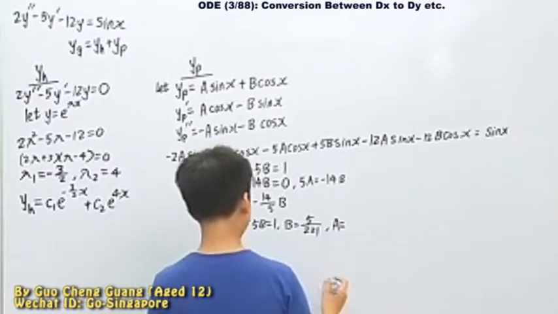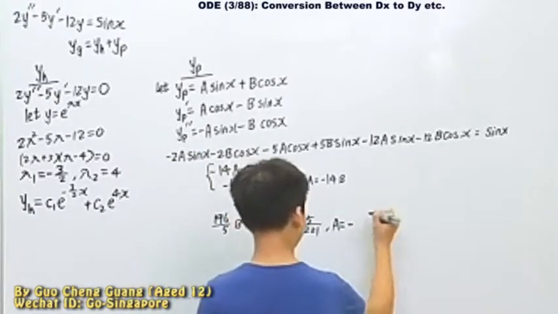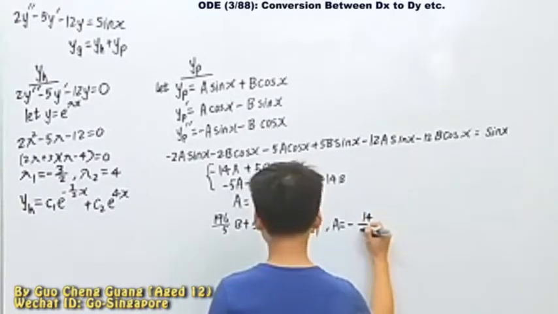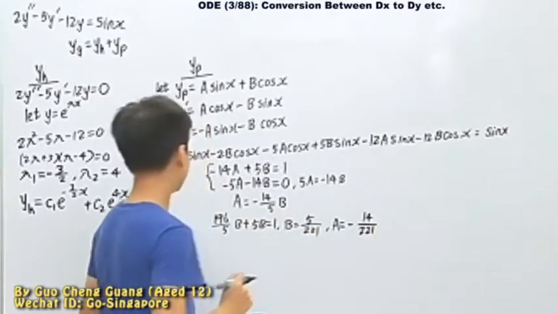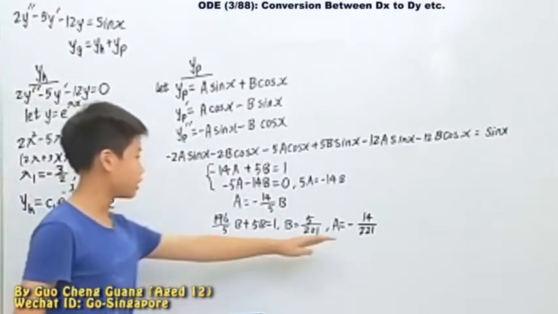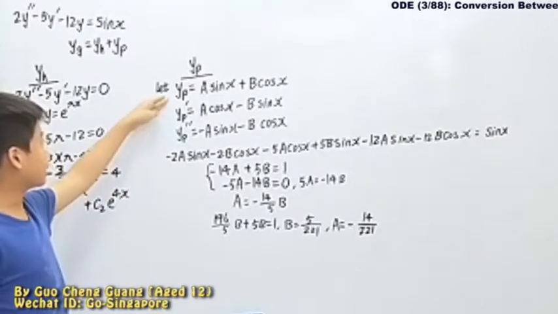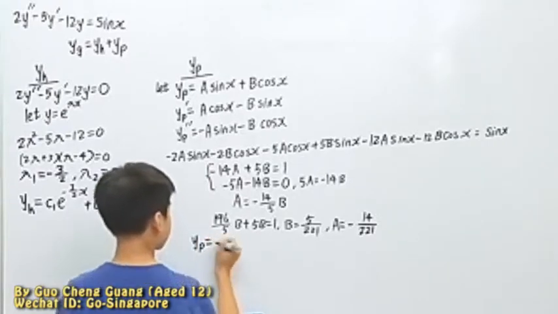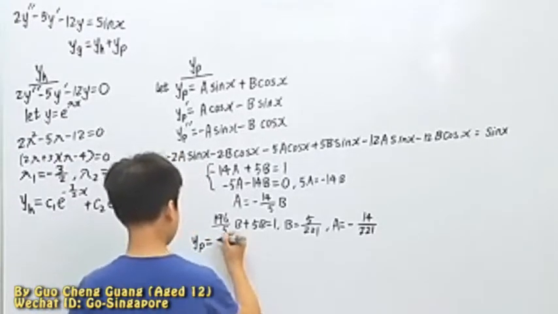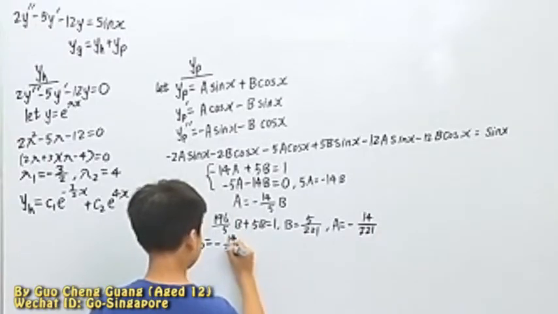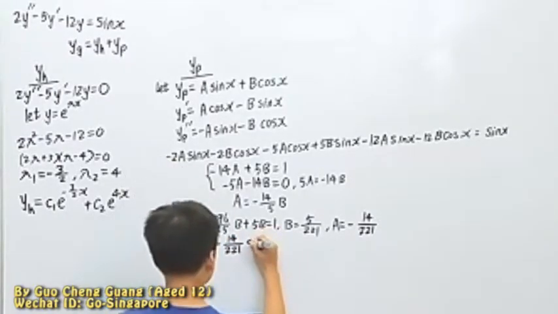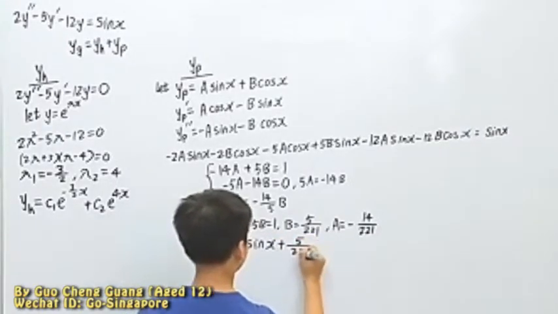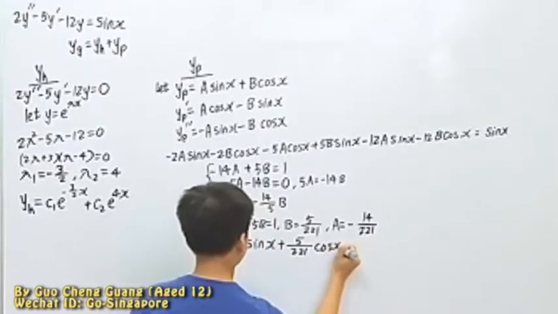So a would be negative 14 over 2 to 1, like this. So now we found a and b. We can sub them back into here to find yp. So yp would be like this.